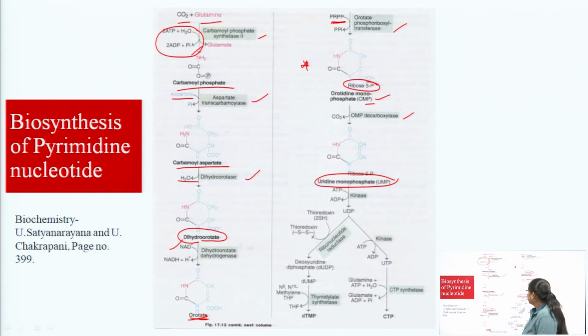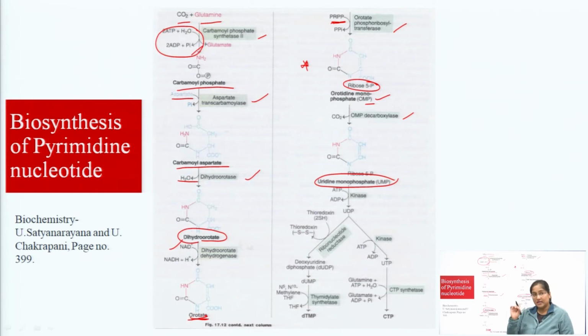As I have told you, from the very first step we are not incorporating any ribosyl 5 phosphate, or we do not make our pyrimidine nucleus on ribosyl 5 phosphate. We will incorporate it almost at the end, here.